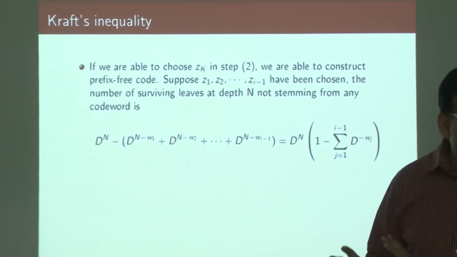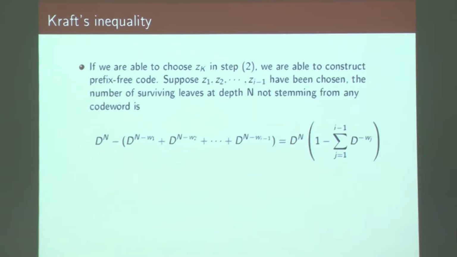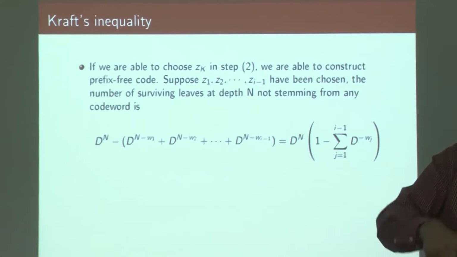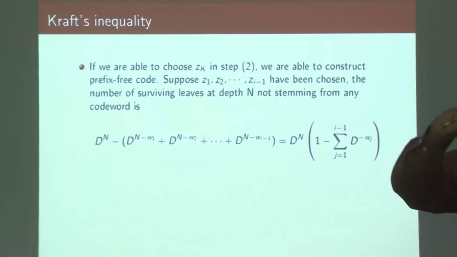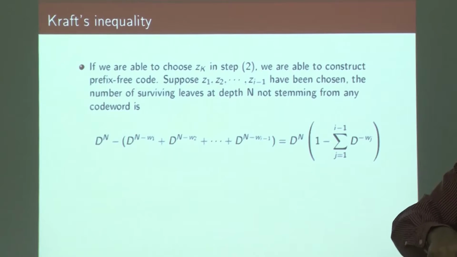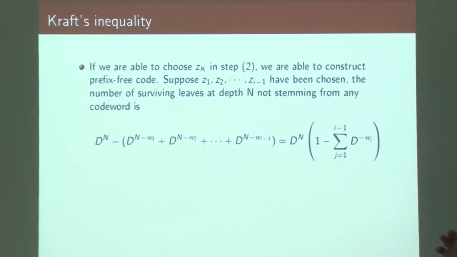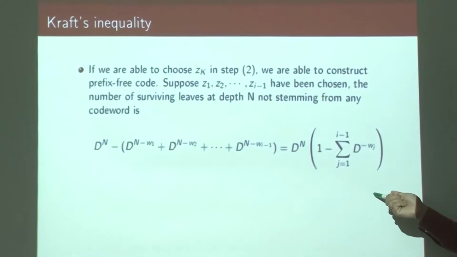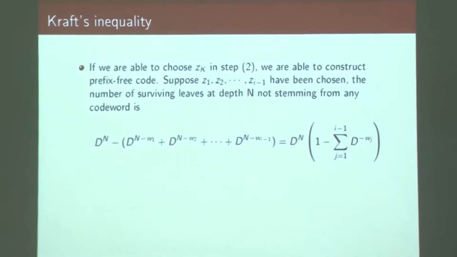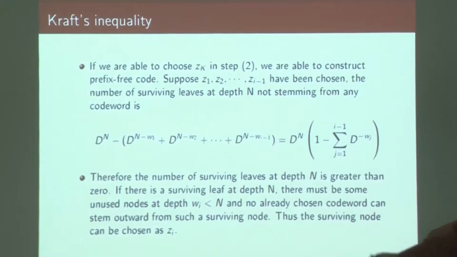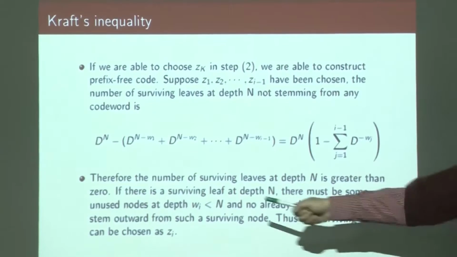If I am able to map all these code words into a D-ary tree, that means these are all prefix free codes, because it is a unique map from the root to the leaf of this tree. Because Kraft inequality is satisfied, this number is positive. So I still have some leaves and nodes available. Therefore the number of surviving nodes is greater than 0.